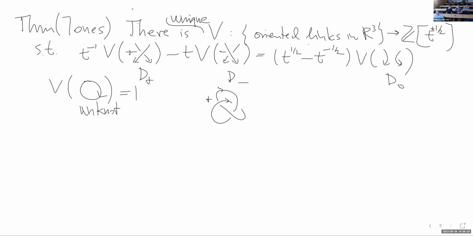And now, what if I change a crossing and make it negative? So if I make it negative, I will... sorry, guys.